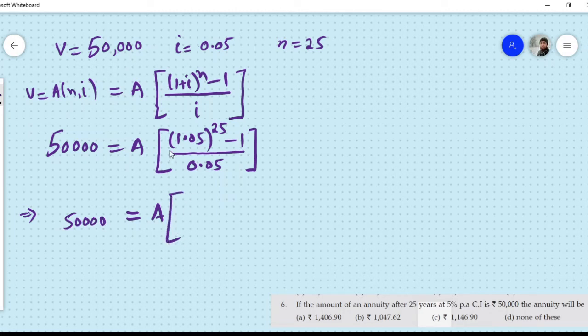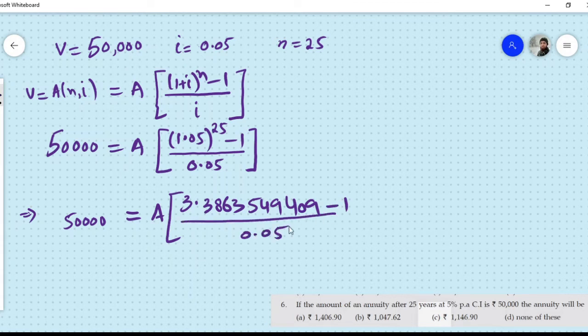Now when we calculate 1.05 whole power 25, the value comes out 3.3863549, and here we have minus 1, and this is divided by 0.05. Again this quantity 3 point something minus 1 will be 2 point something. That means it will be 2.3863549409.